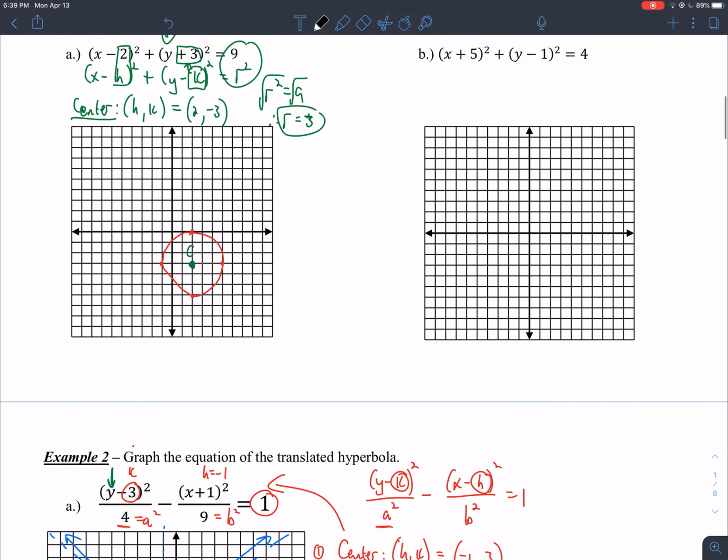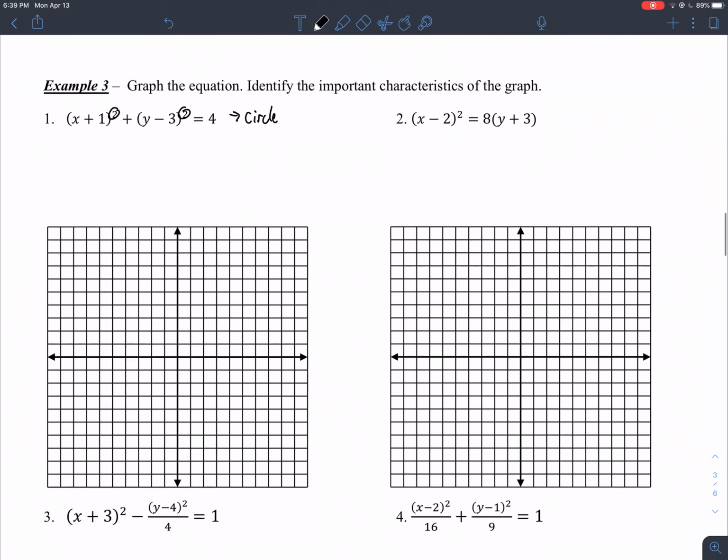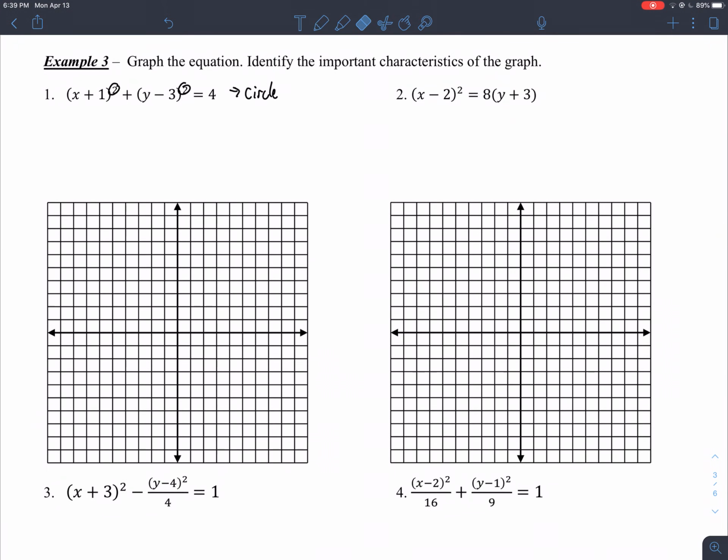This becomes more important as we go on. A circle has 2 squares, no denominators, and that's how I recognize it. So I know it's a circle, and then all I need to do is say x plus h squared. Write the standard form here.